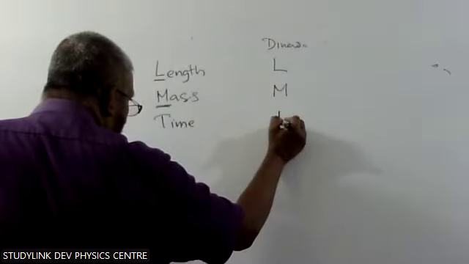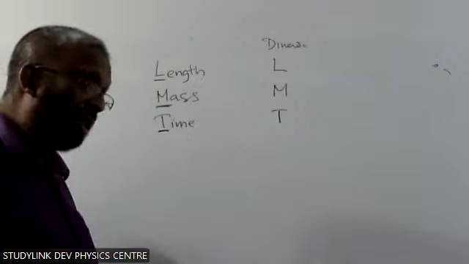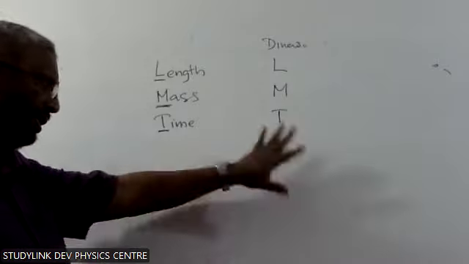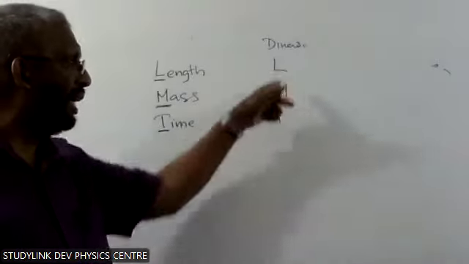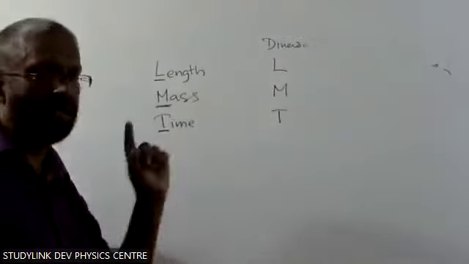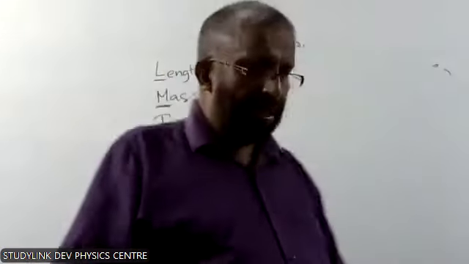Dimension is T. We had 7 basic units. Those 7 are concerned, we have 7 different dimensions. But the thing is, our syllabus is having only these 3.